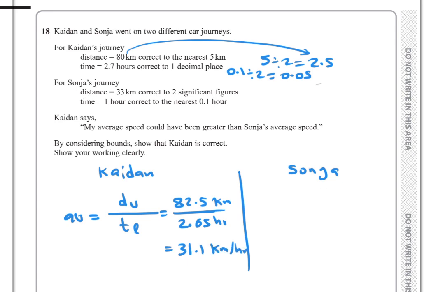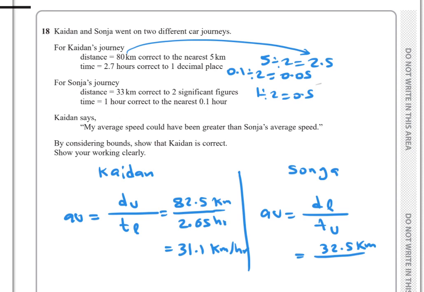Now for Sonja, we need to find the average speed. Average speed is distance over time, and we need the lower, so distance lower and time upper. For distance lower, the distance 33 is correct to 2 significant figures, so this means we have 2 digits, so correct to the nearest 1. So 1 divided by 2, 0.5. So subtract because I need lower. 33 minus 0.5, so 32.5 kilometers.